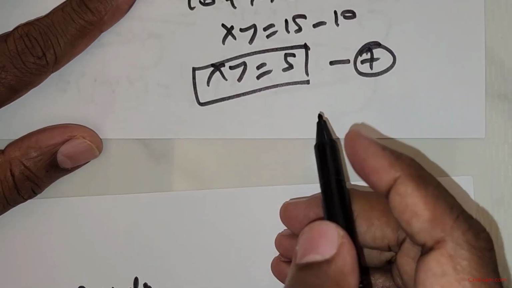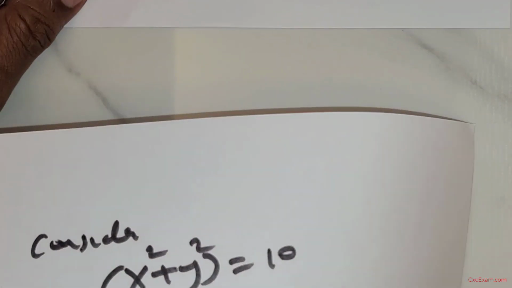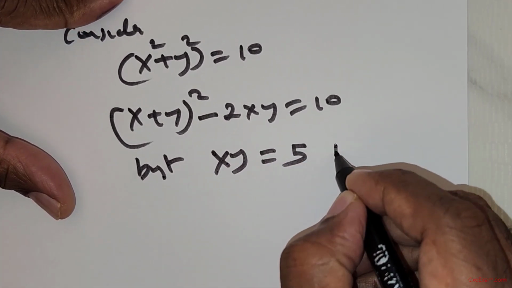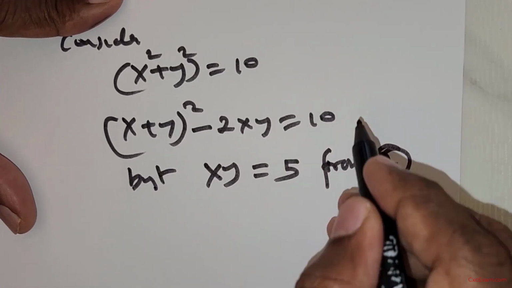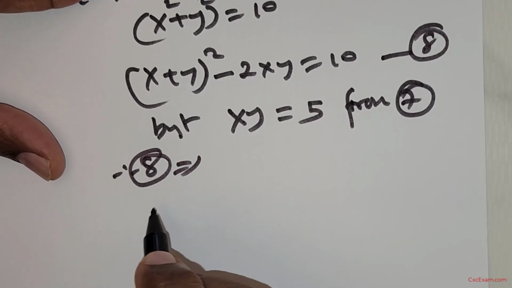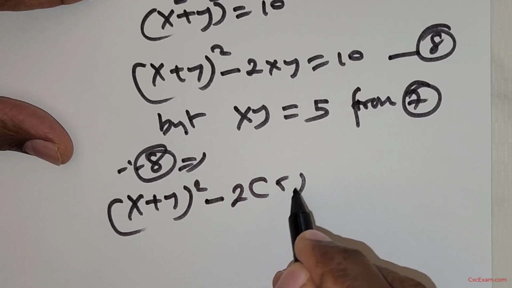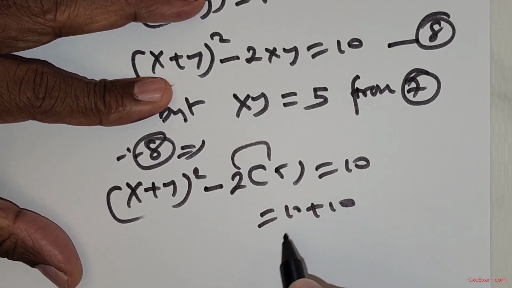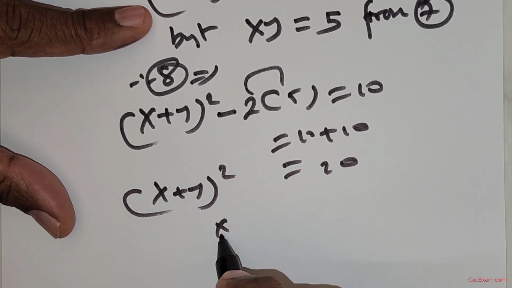This is from 7. If I were to take this as 8, therefore 8 can be rewritten as (x plus y) whole squared minus 2 times 5 is equal to 10. This will become 10, so 10 added with 10 will become 20. So (x plus y) whole squared is equal to 20.